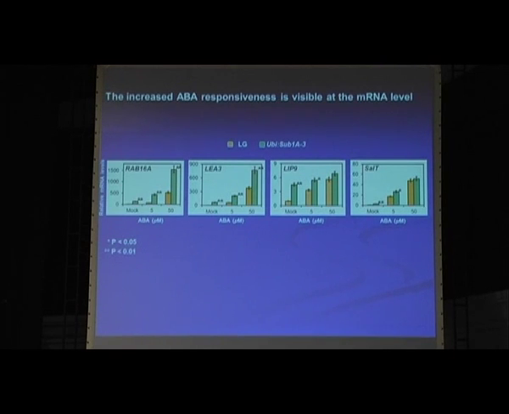And these are all very important genes which are related to dehydration tolerance in rice. An application of ABA increased transcript of these genes, and the overexpression line contained more transcript of these genes. So this experiment confirmed SUB1A increased ABA responsiveness at mRNA accumulation level as well.